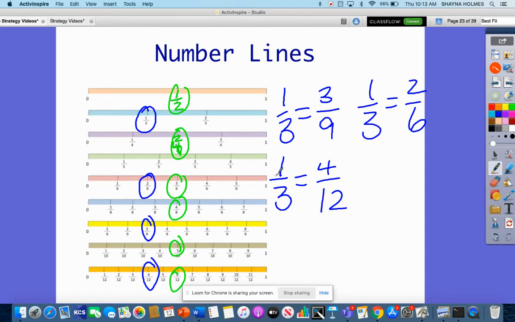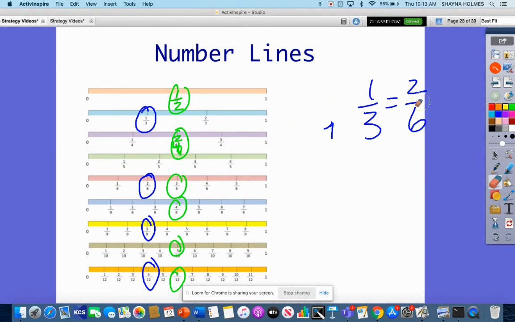This also means that 4/12 is also equal to 2/6. Because all of them fall on the same place on the number line, they're all equal to each other.